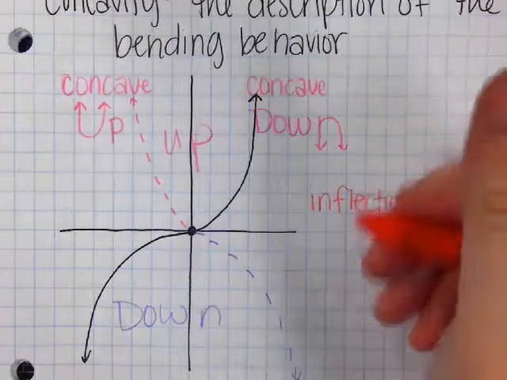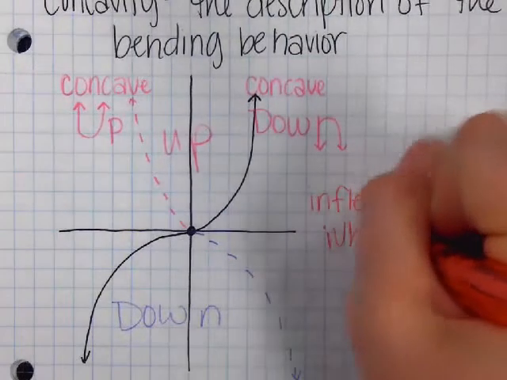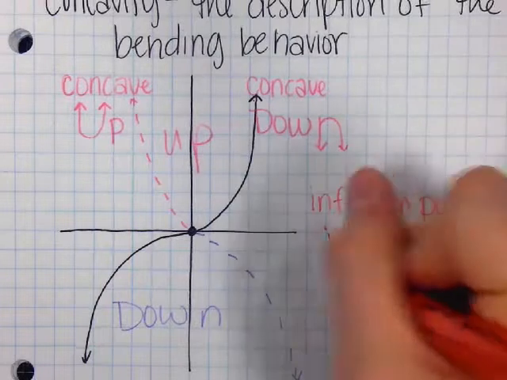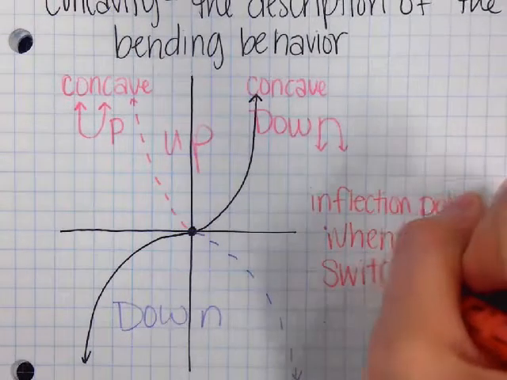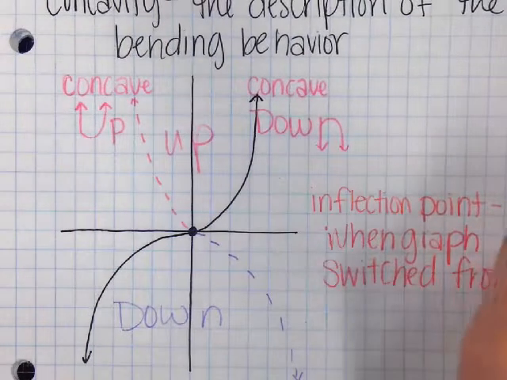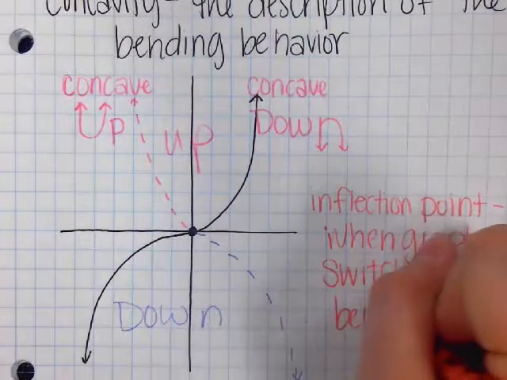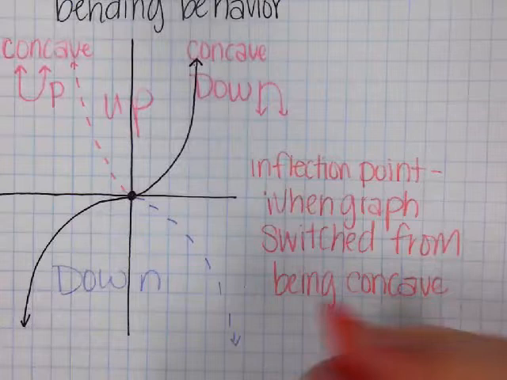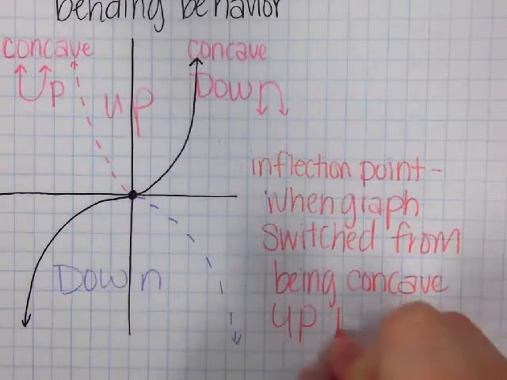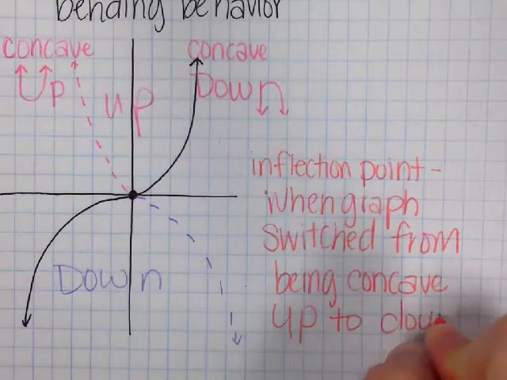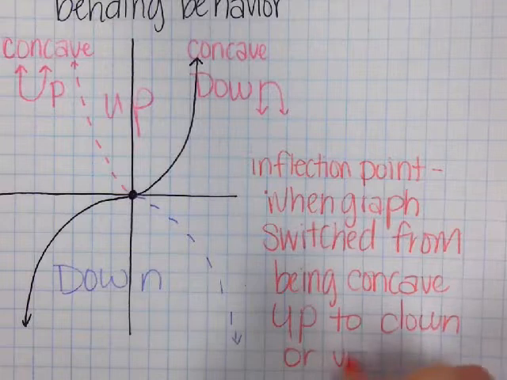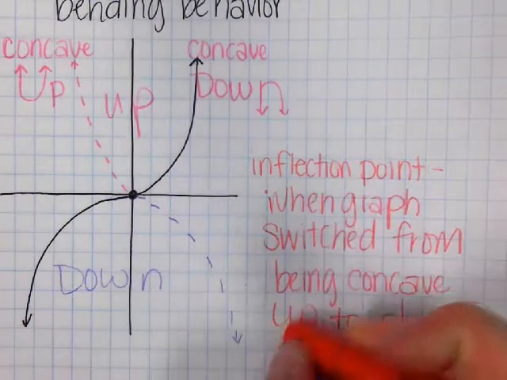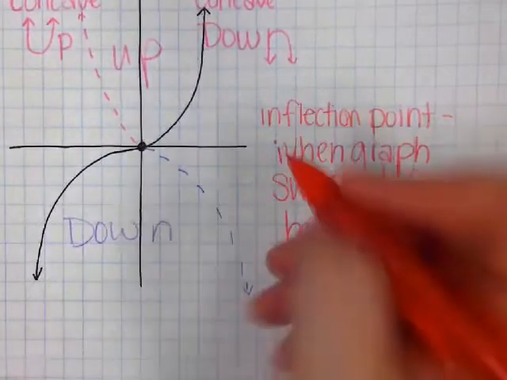And that's when the graph switched from being concave up to down or vice versa.